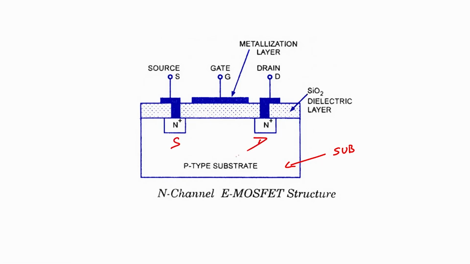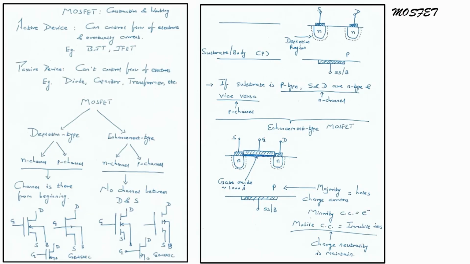It does not matter whether you consider this as source or drain, okay. So, it has source, drain and gate, and then we have to understand how this MOSFET will operate, okay. So, let us understand the construction and working of this MOSFET.